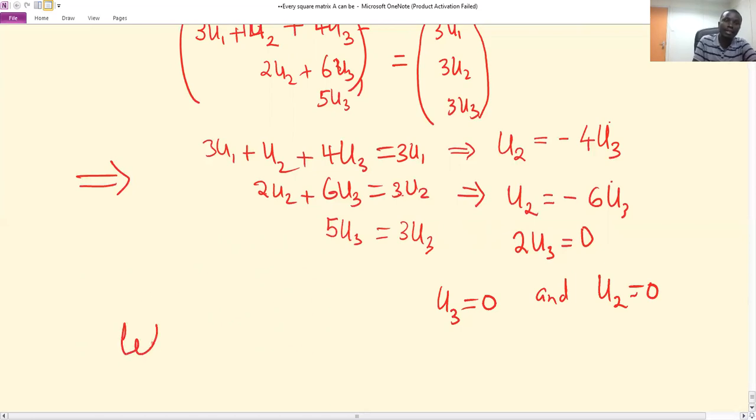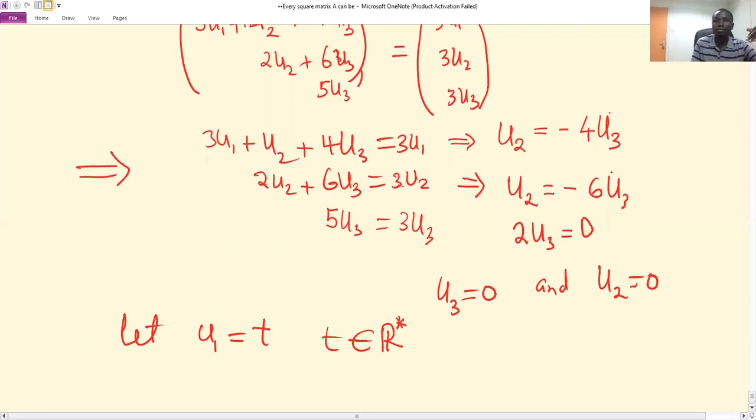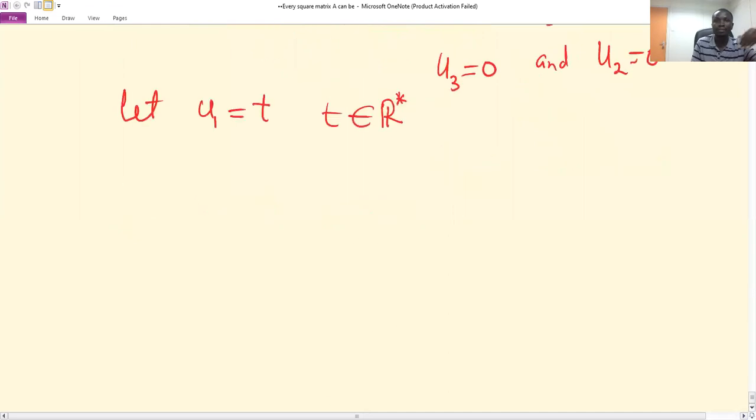Now, we let u1 be any real number t, such that this t is non-zero, because if it is 0, then we'll have 0, 0, 0, and by definition of an eigenvector, we can't have a zero eigenvector.